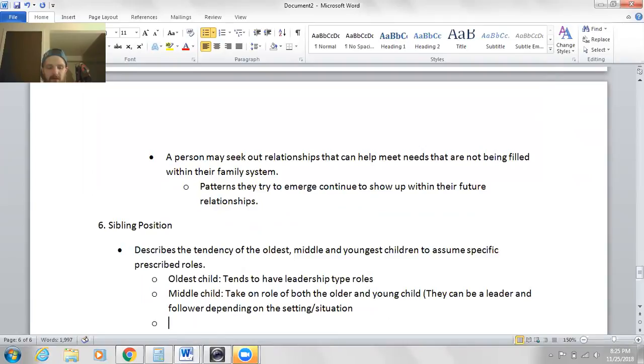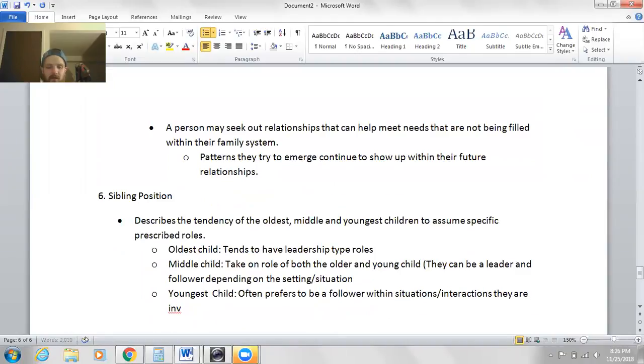And then the youngest child often prefers to be a follower within situations and interactions they are involved with.